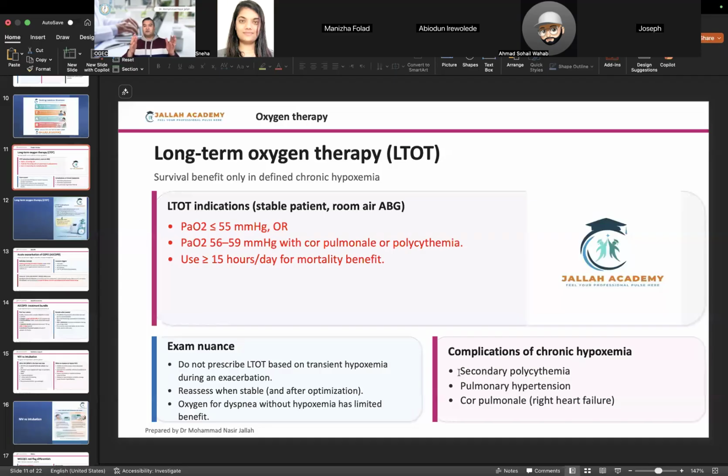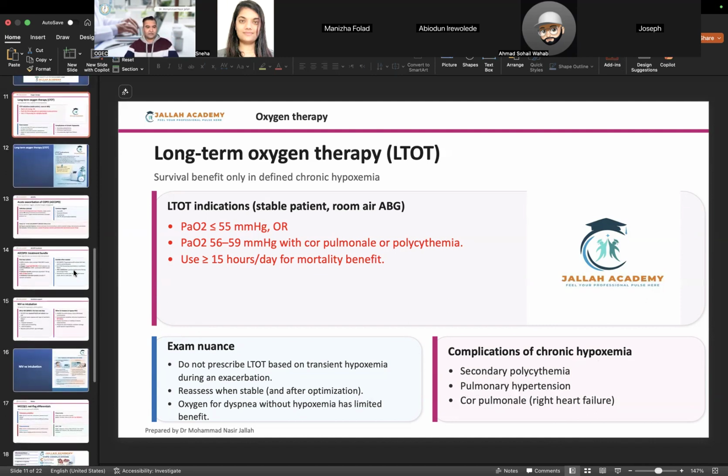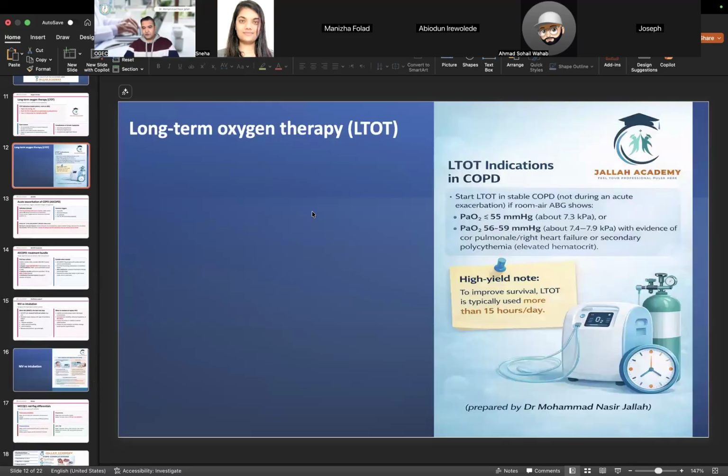So you need to be very cautious when you're giving oxygen to a COPD patient. The target is between 88 to 92%. The complications of chronic hypoxia are secondary polycythemia, pulmonary hypertension, and cor pulmonale with right heart failure. So this one we did talk about, right?